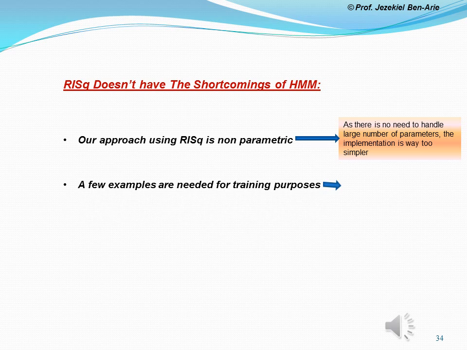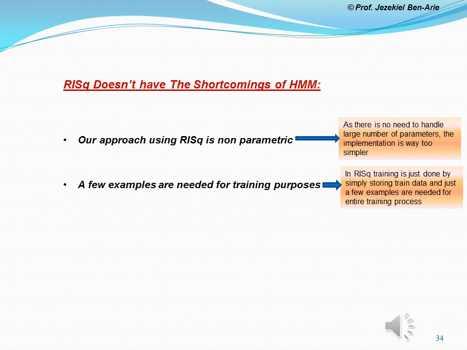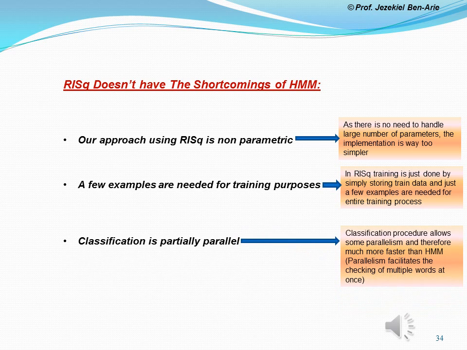Training is done by simply storing the training data into a multidimensional data structure. Finally, our classification procedure is partially parallel and therefore much faster than HMM, as this parallelism facilitates the checking of multiple words at once.